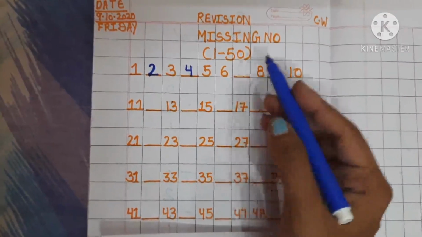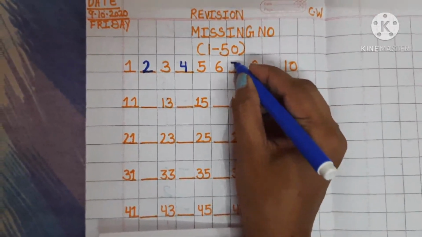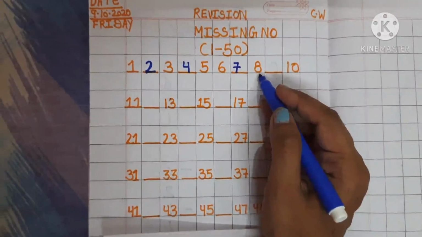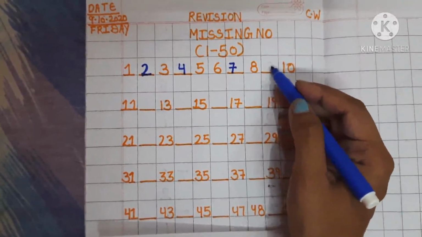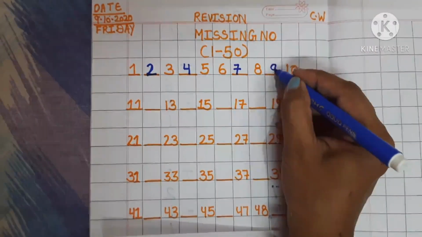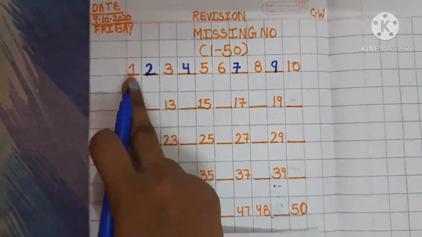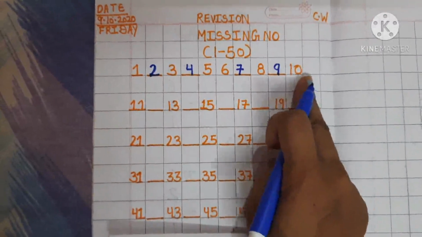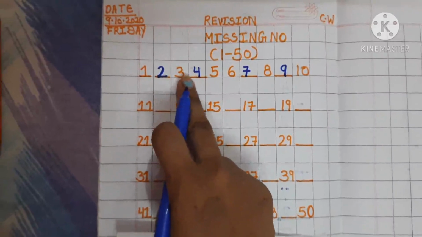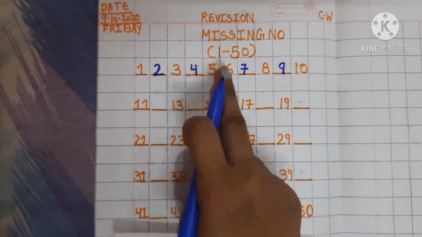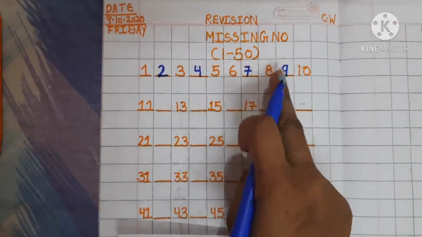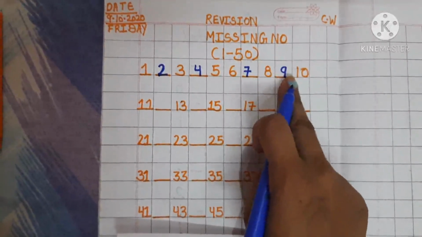Which number is missing here? 7. Next number 8. Which number is missing here? 9. Here you write down 9. So again we repeat this line, missing number: 1, 2, 3, 4, 5, 6, 7, 8, 9, 10.